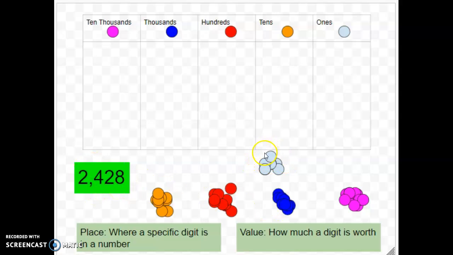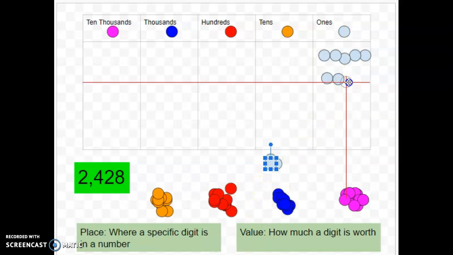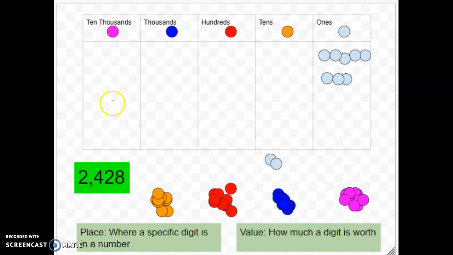So we're going to count 8 ones. 1, 2, 3, 4, 5, 6, 7, 8. And then now we have next to us 2 tens. So we're going to get our 2 tens. 1, 2.